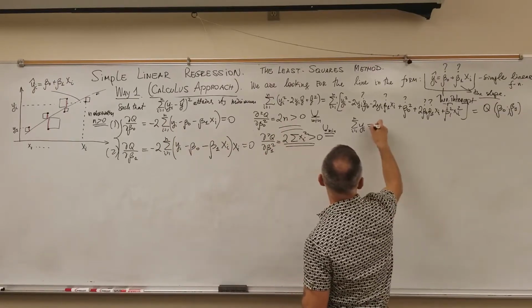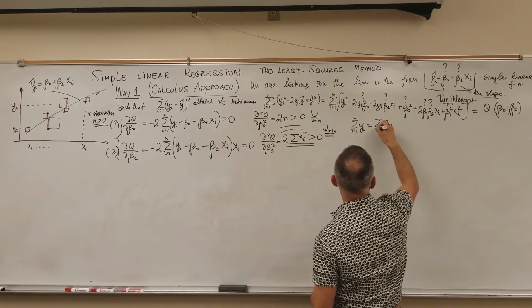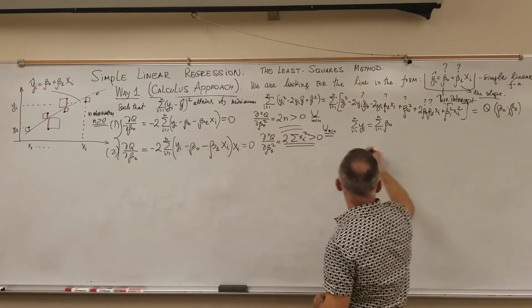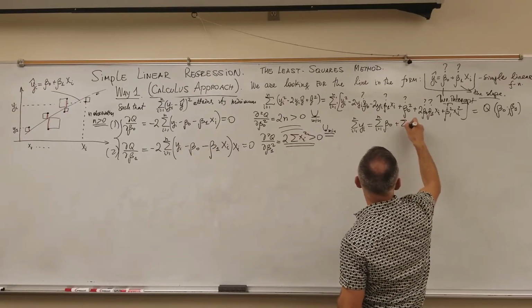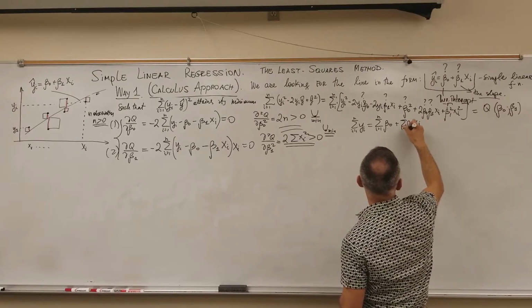So it will be equal to the summation of beta 0, i runs from 1 to m, plus the summation of beta 1 xi, i runs from 1 to m.